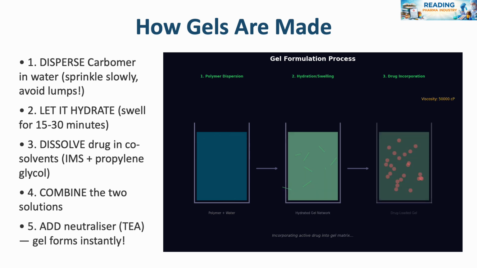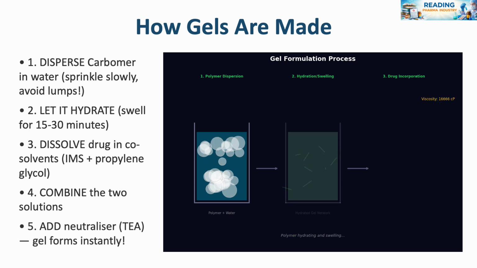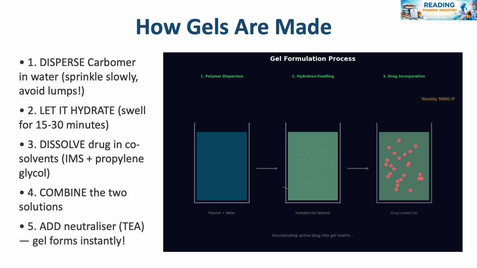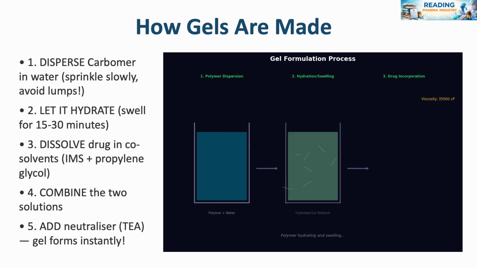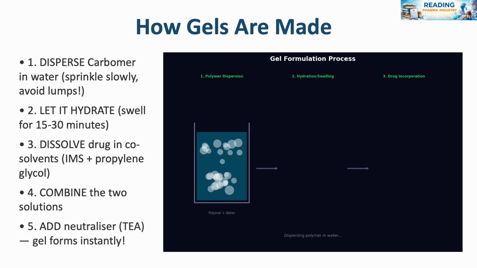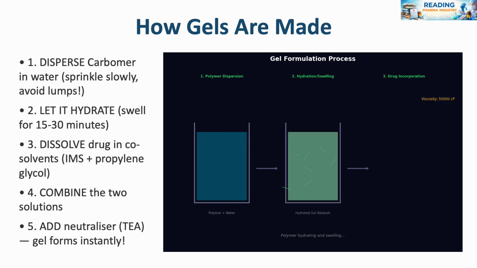You need to sprinkle it slowly, because otherwise you may end up with lumps. And then you need to make sure you let it hydrate. Leave it to swell for around 15 to 30 minutes. After that, you dissolve your drug in a solvent system, and often here we use an ethanol-rich system, this industrial methylated spirit, with propylene glycol.